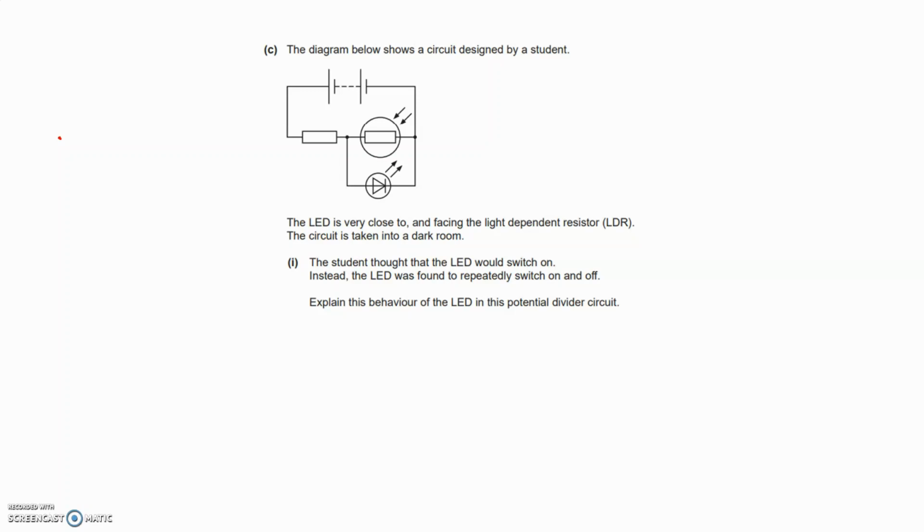Okay, so a little bit of thought needed here to explain why the circuit behaves such that the LED flashes on and off rather than just staying on. So what's the first thing that's going to happen when you take the circuit into a dark room? Because there's less light, the resistance of the LDR will increase.